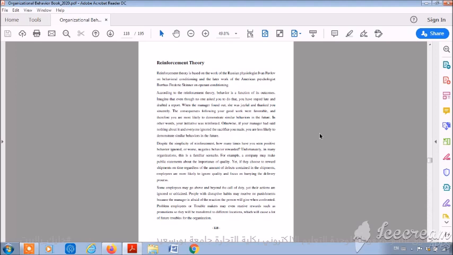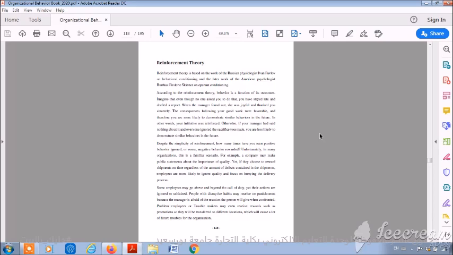So if your behavior gets reinforced, you will repeat these behaviors in the future. Otherwise, if your behaviors get ignored or criticized, you will not repeat them.